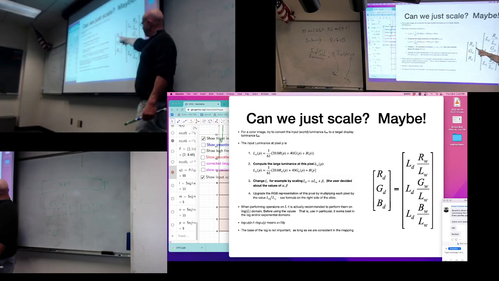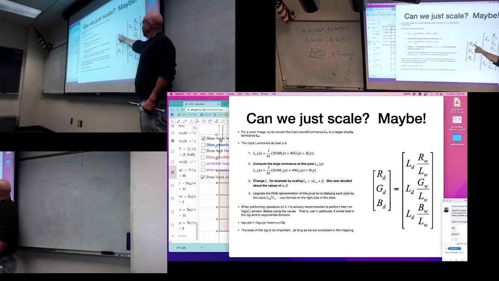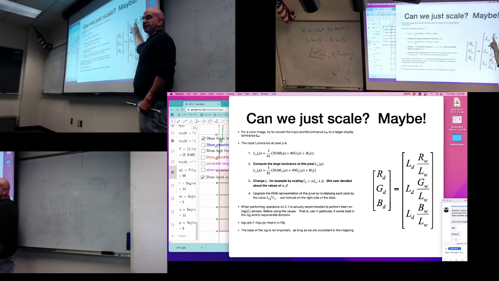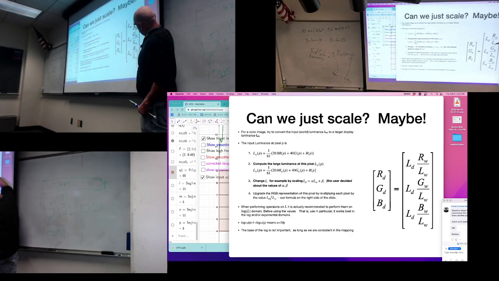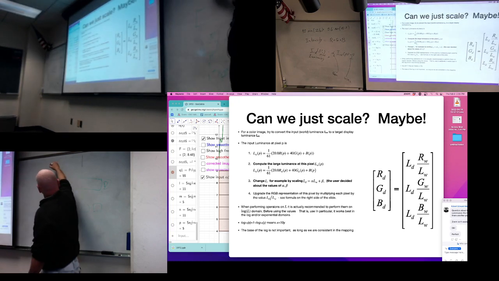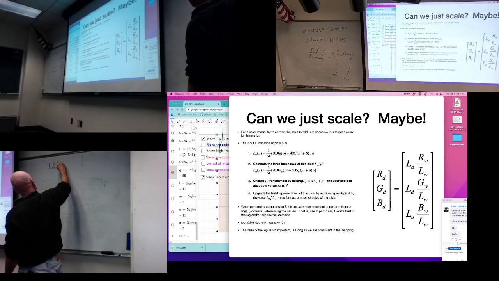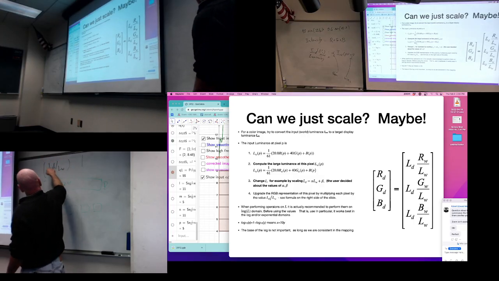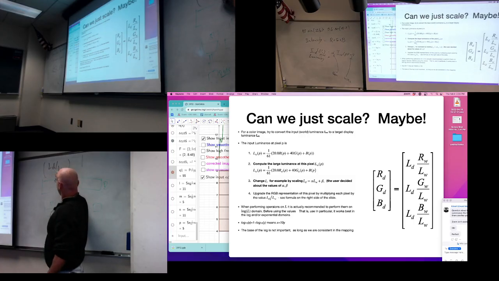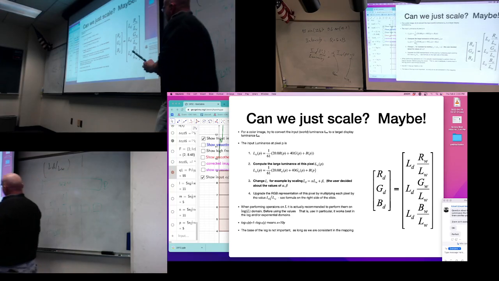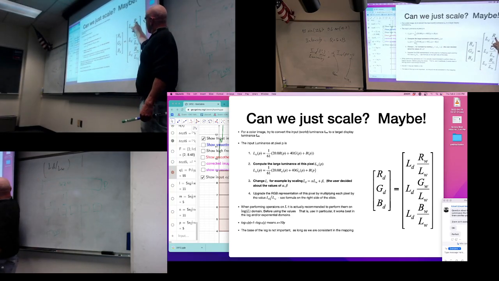Then you take the red value from the input image and multiply by this constant, L_D divided by L_W. L sub D is what I computed, L sub W is the input. Multiply the same constant by red, by green, by blue.